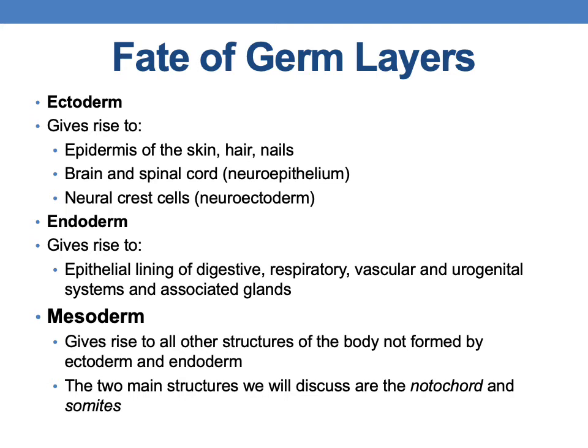Endoderm gives rise to the epithelial lining of digestive, respiratory, vascular, and urogenital systems and associated glands. Mesoderm gives rise to all other structures of the body not formed by ectoderm and/or endoderm. So when in doubt, pick mesoderm. The two main structures we will discuss in this course that arise from mesoderm are the notochord and somites.